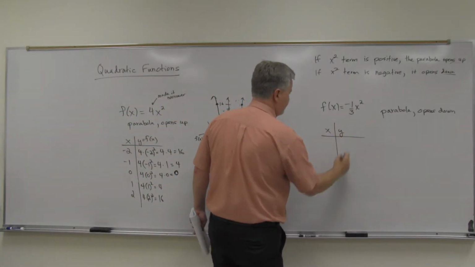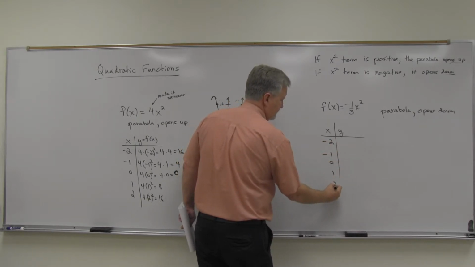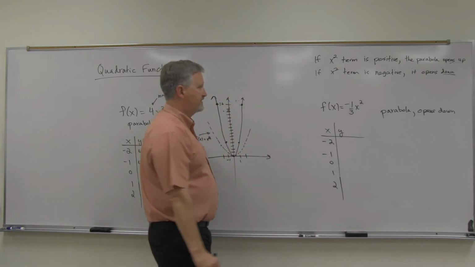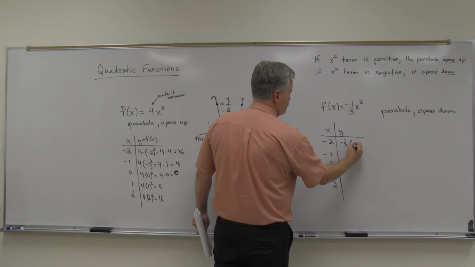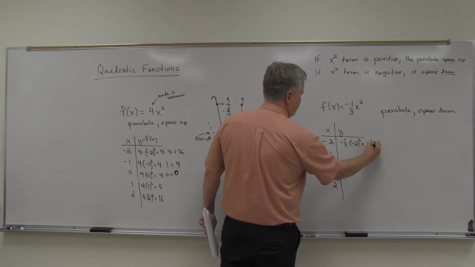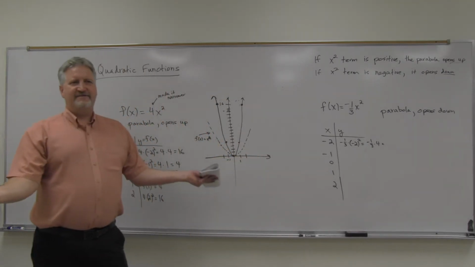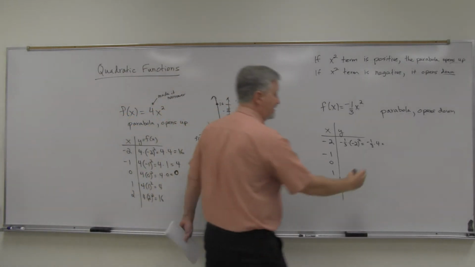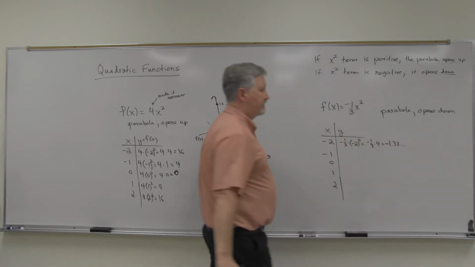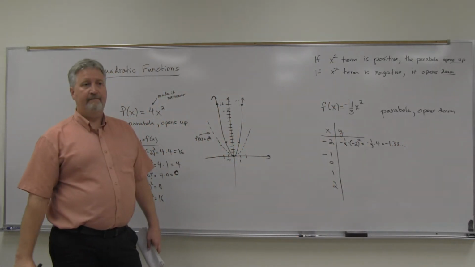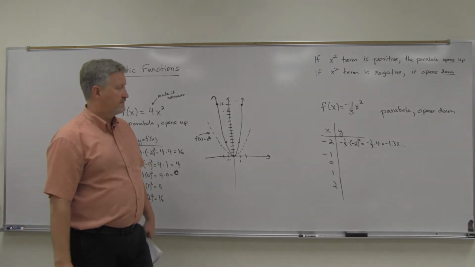The terms here for the table, you get maybe not so nice values, but they are what they are. So it'd be -1/3 times -2 squared, that's -1/3 times the +4. Well, it's -4/3, -1.33 repeating. Probably with the decimal, since we're going to graph this.